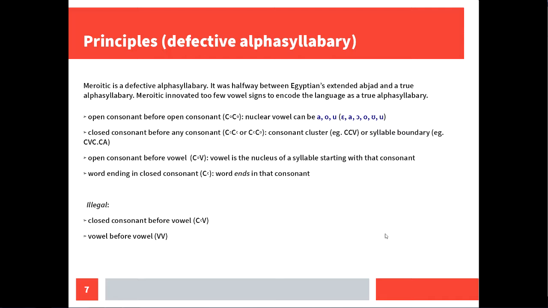You just have to speculate based on the external relationships what the underlying vowel was. In this respect, Meroitic is a lot like Egyptian, which can't be vocalized unequivocally because there's just not enough information encoded in the language to allow for a simple reconstruction of its vocalism.